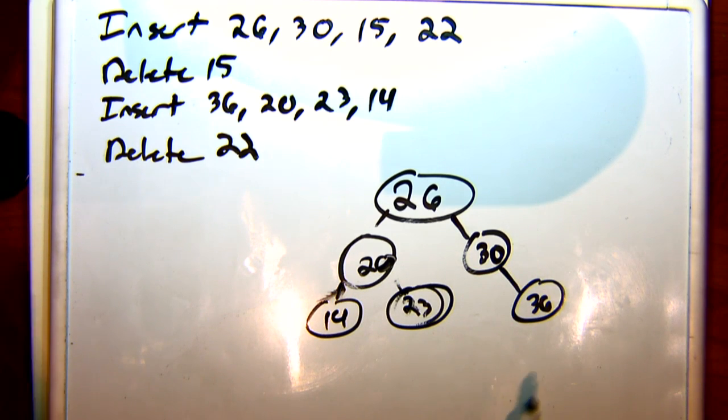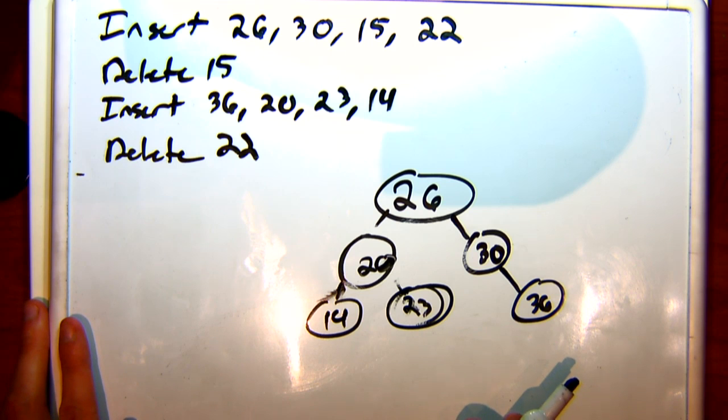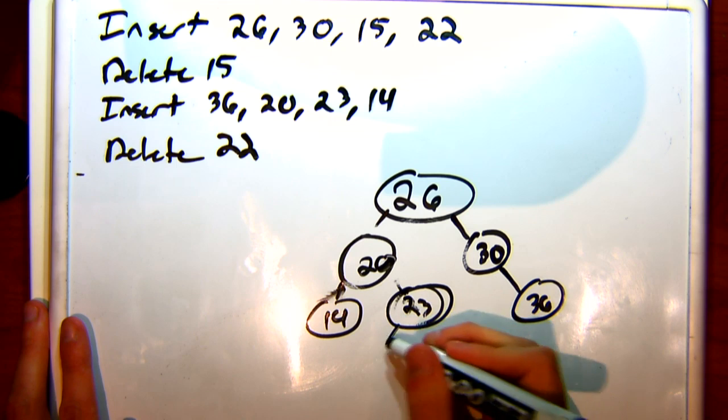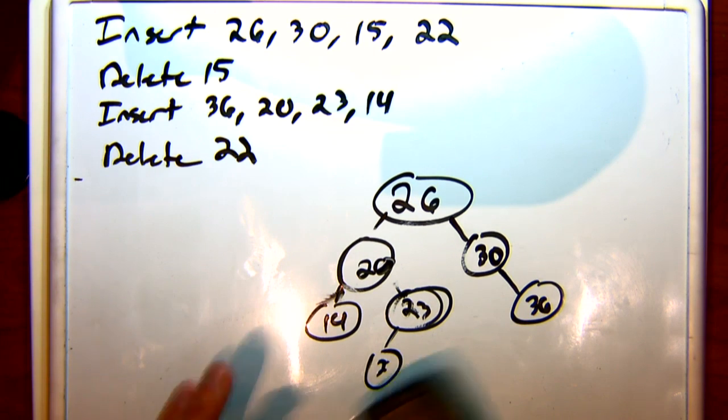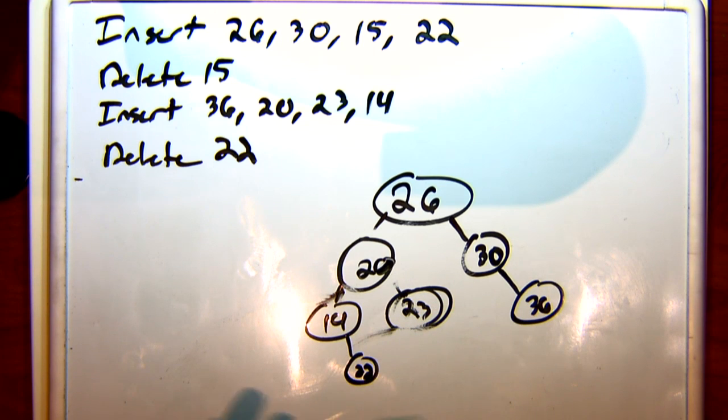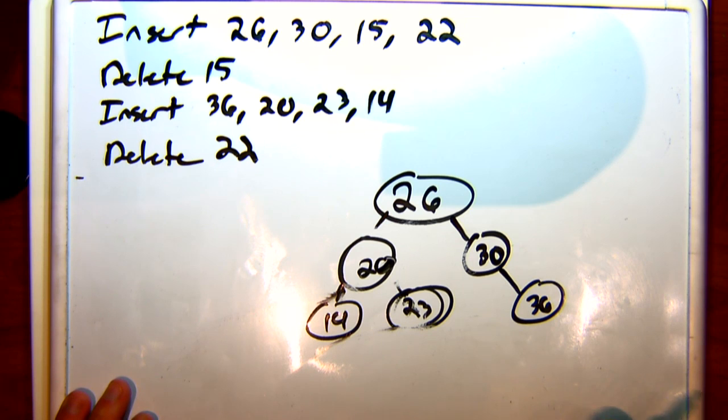And I already deleted it, but 22 would go down here. Well, not down there. You would replace it down here, and then you would delete it. And it has no children, so it just goes away. So that is the final binary search tree.